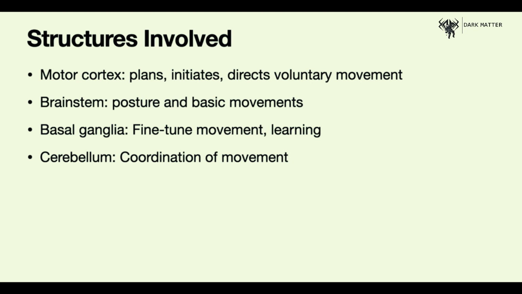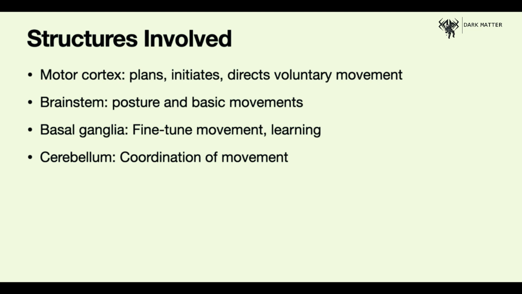Now, these are the actual functional contributions of each structure to the motor system. The motor cortex is the center, since it is responsible for planning, initiating, and directing voluntary movement. The brainstem helps to regulate posture, which is mostly subconscious, and basic movements that don't really require extensive planning, so more for reflexes.